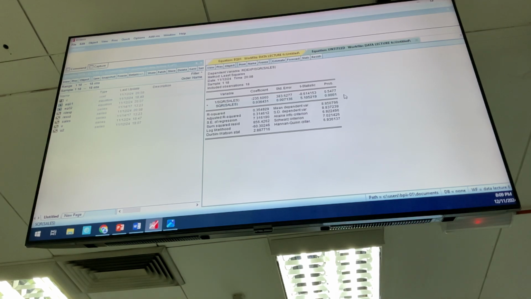Okay. But the point estimate is okay. You can use this one because it is still an unbiased estimator. We can use this estimate, the estimate of 0.03, the estimate of the slope coefficient, so that you can say that when sales increase by 1 unit, $1 for example, the expenditure on R&D increases by 3 cents, 0.03.